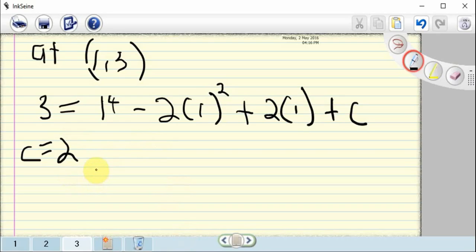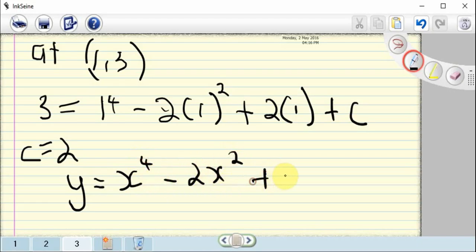So the equation of the curve is going to be y is equal to x to the 4th minus 2x squared plus 2x, and we know what our c is, and that is 2.